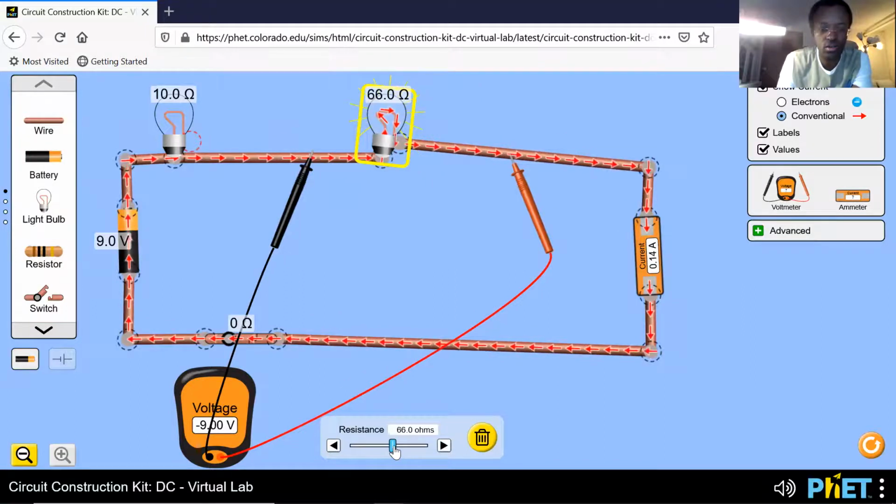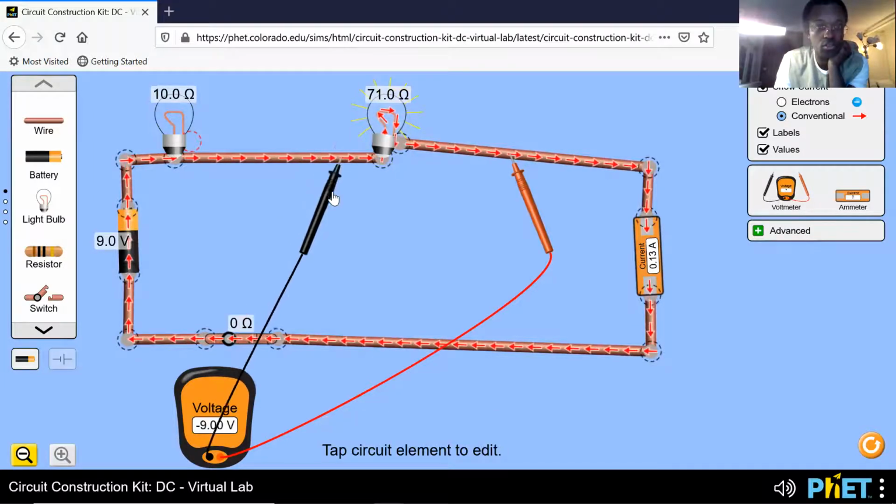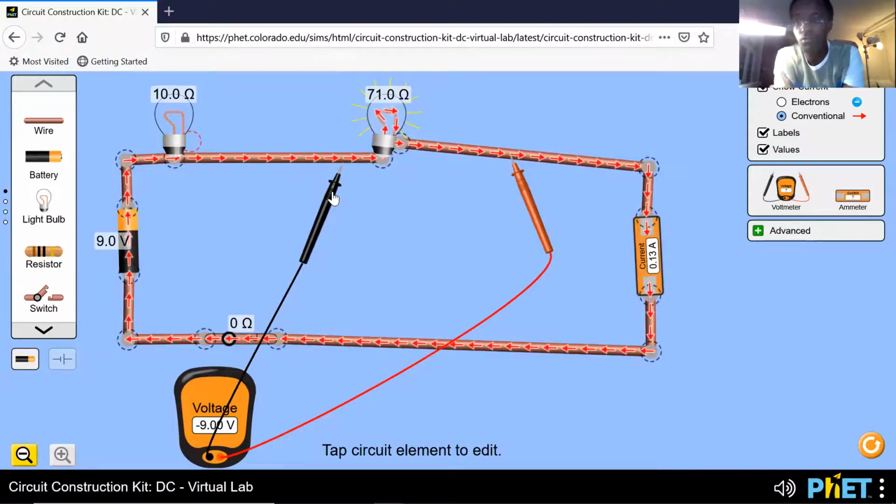I think 71. Does anybody remember what resistance we had in the first case? Because you see the light bulbs, they play the role of resistors. They have a resistance too.